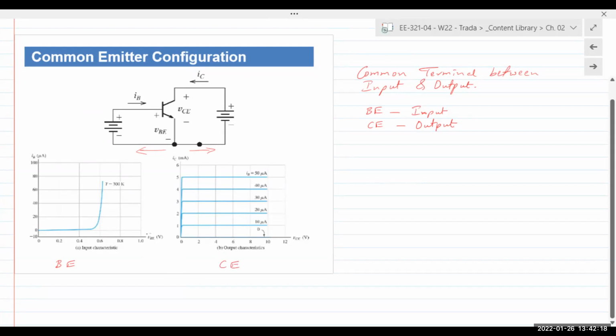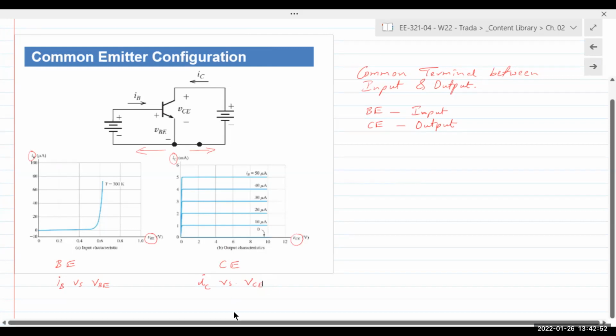So the input characteristic is a plot of IB versus VBE, and for the collector and emitter it is IC versus VCE. The output is taken across the collector.